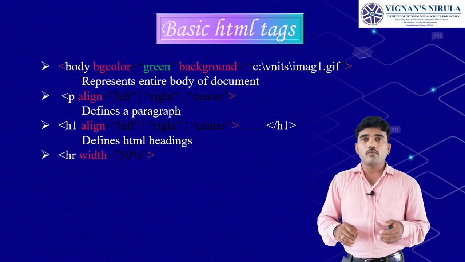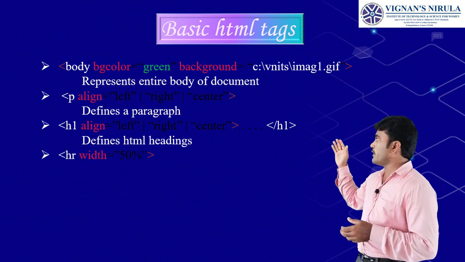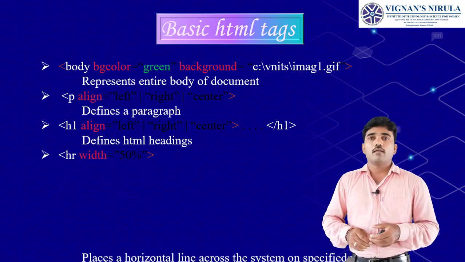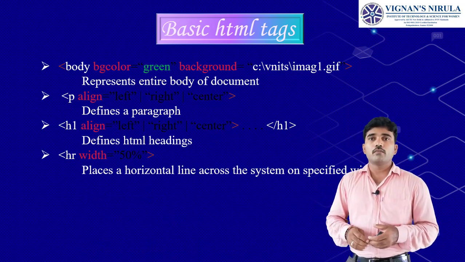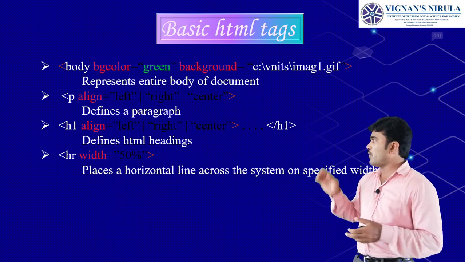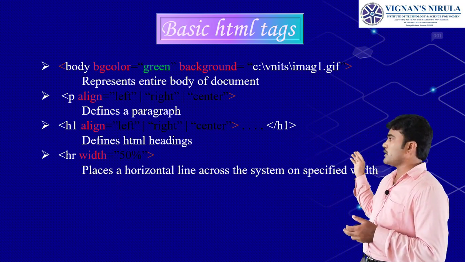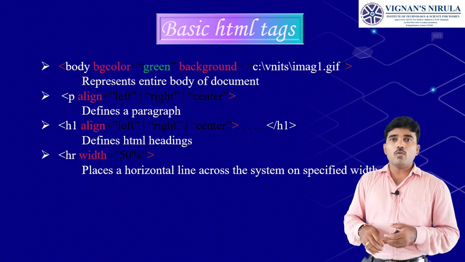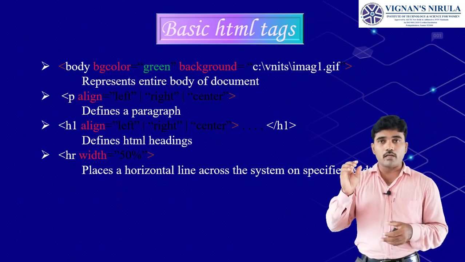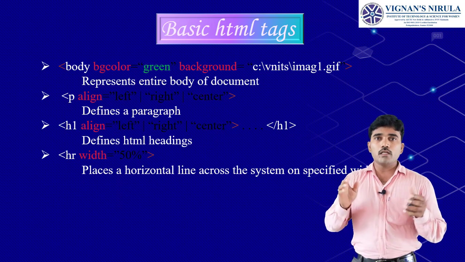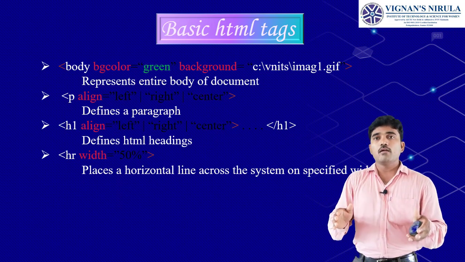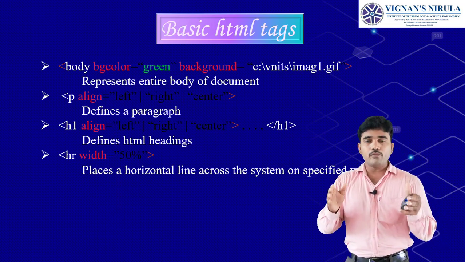Understand? And after this heading, what I wanted to explain is about HR. What does HR stand for? It places a horizontal line across the row, based on your specified width.